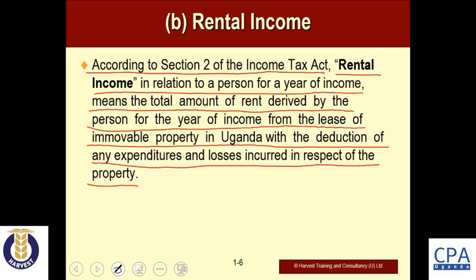As you can see in our definition, the government or URA will allow you a deduction of any expenditures and losses that you have incurred in respect of this property. So before you are taxed, consideration is made for the expenditures and losses you have incurred.